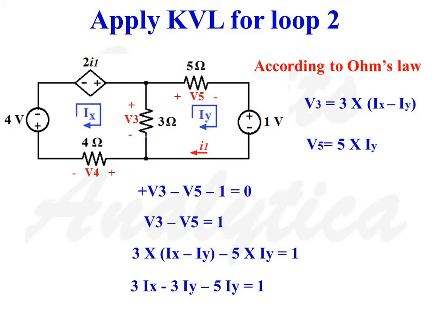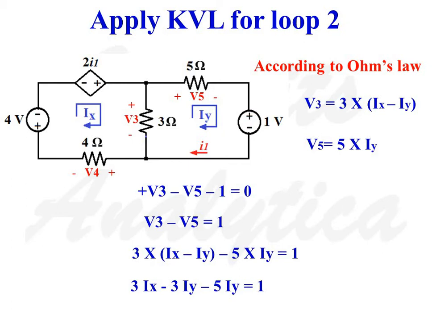if we consider V5 as the first voltage term, as we move from positive potential to negative potential, V5 should be taken as negative, minus V5. When we consider the 1 volt source, as we move from positive potential to negative potential, this 1 volt source should be taken as negative, minus 1.